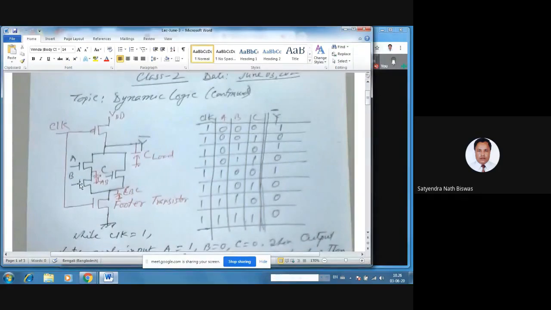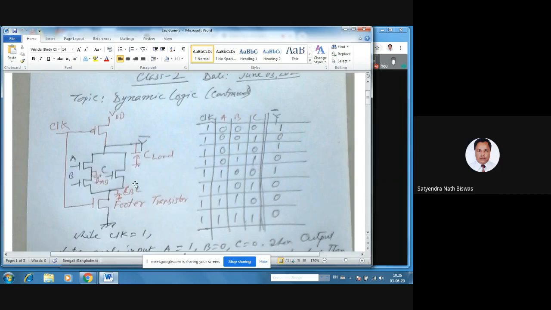So the charge from CAB will be discharged to the ground because the footer transistor is always on. Whatever the charge was in CAB will be discharged through the B transistor and will be 0 at that time.